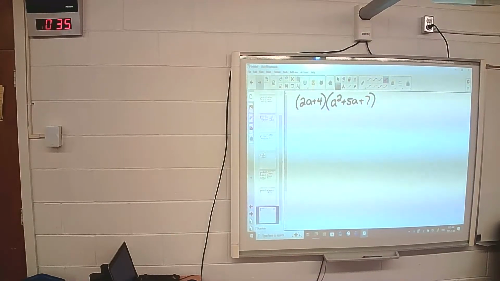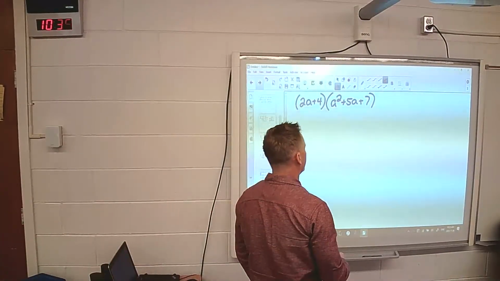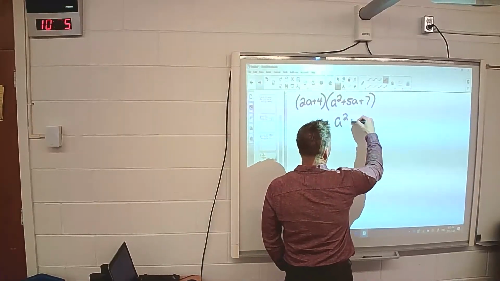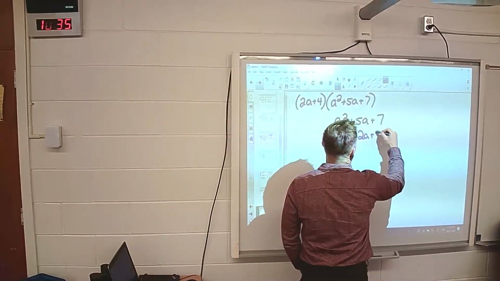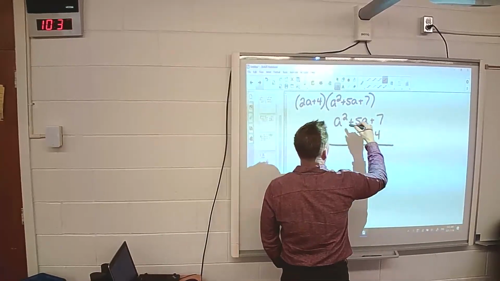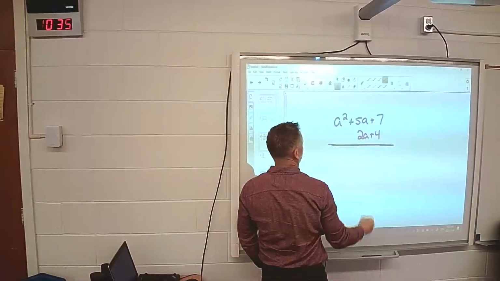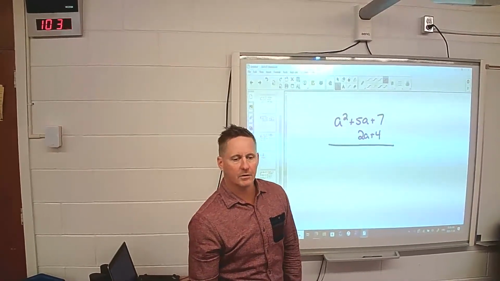I think personally, when I use the trinomial, the stacking method's the easiest. You can't use FOIL here, so I use the stacking method. So I'm going to go a squared plus 5a plus 7, and then down here, 2a plus 4. And I'm going to work left to right.